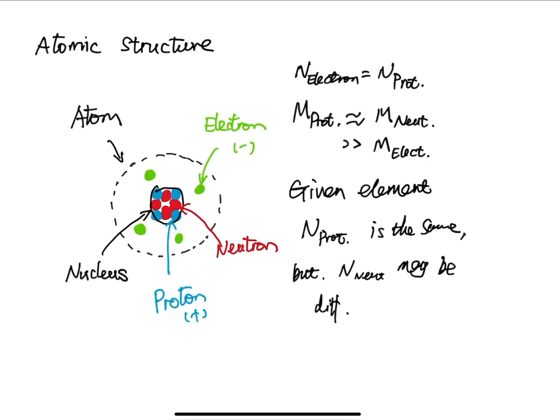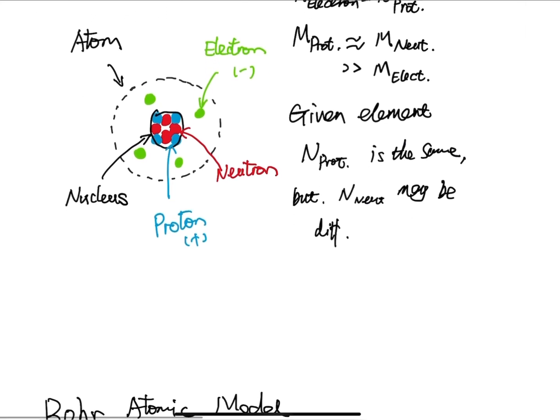Here is an example, carbon-12 and carbon-14. Carbon-12 has 6 protons and 6 neutrons. Carbon-14 has 6 protons but 8 neutrons. These two are called isotopes.